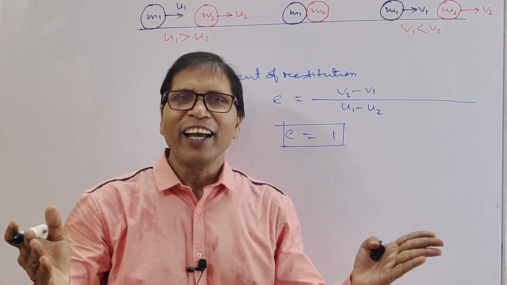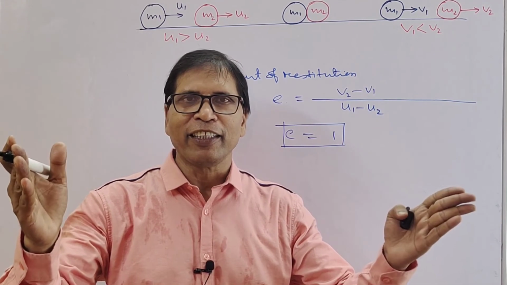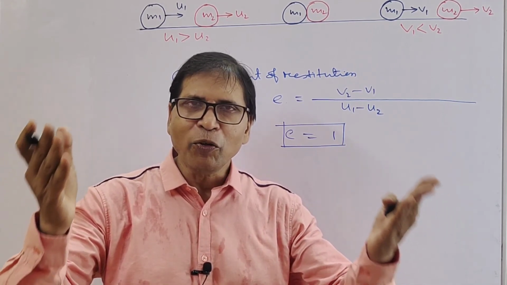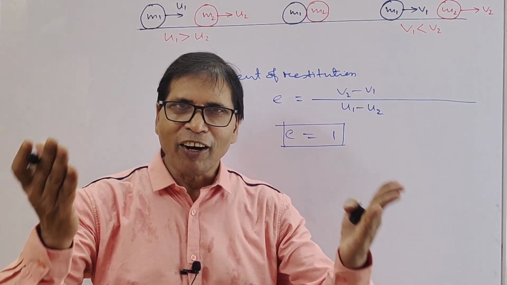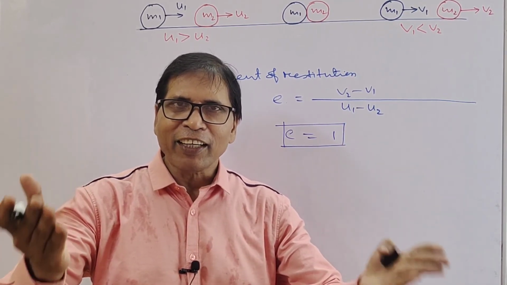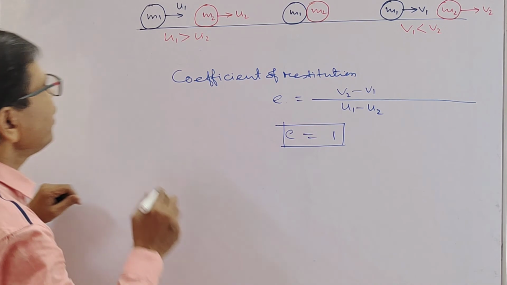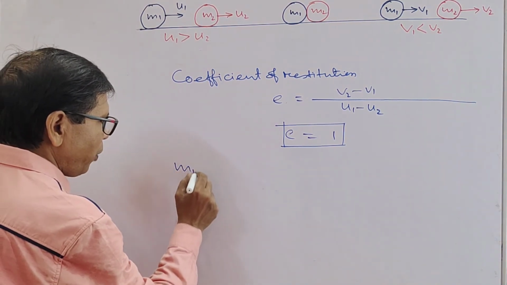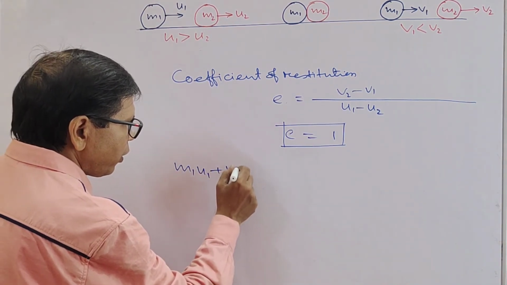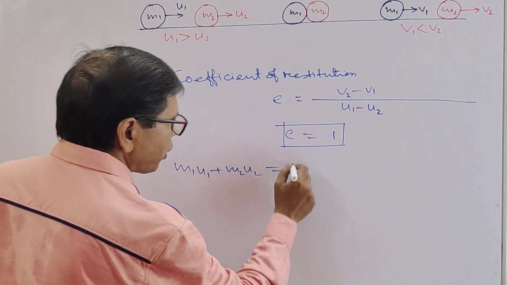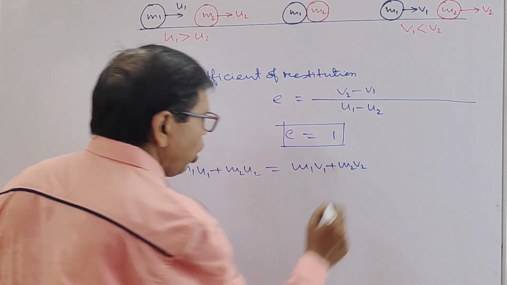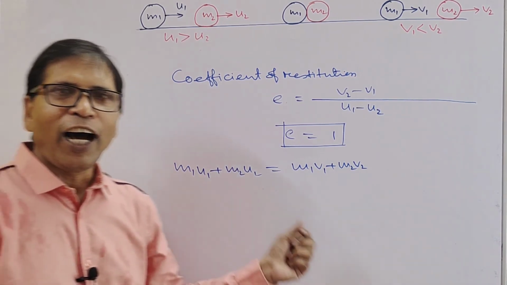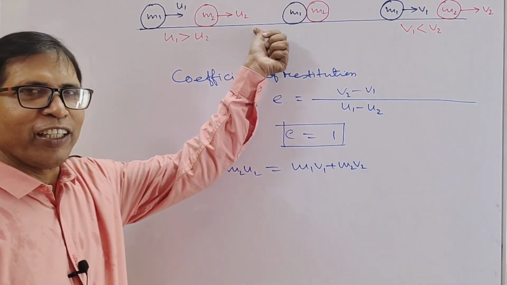Okay, understood? Now inelastic collision: the collisions in which only linear momentum is conserved are called inelastic collisions. Here initial momentum m1 u1 plus m2 u2 equals m1 v1 plus m2 v2. All natural collisions fall in this category.